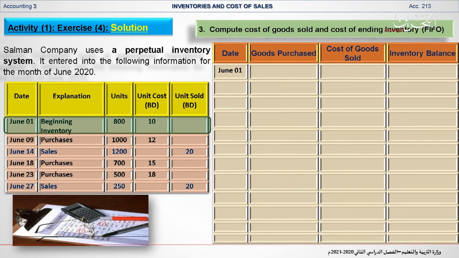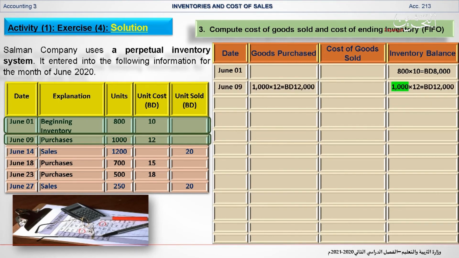First, we will calculate the cost of beginning inventory by multiplying the number of units by the unit cost. That is 800 multiplied by 10 equals 8,000 BD. The same thing goes for the cost of inventory purchase on 9th of June.